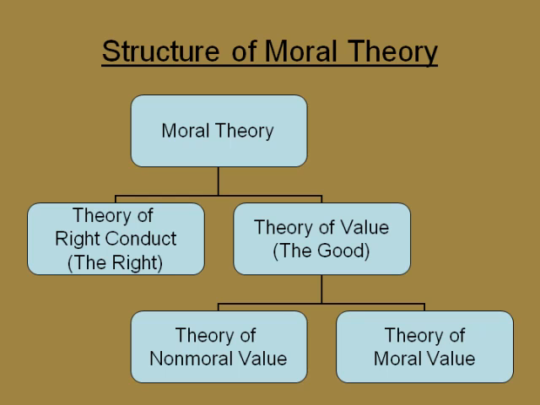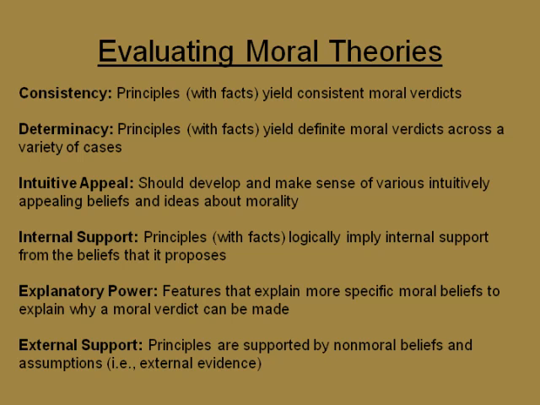Now, having these kinds of theories gives us a lot, but doesn't give us everything that we need. It's also important that we develop a critical analysis of these theories, especially when we start looking at inter-theory comparisons. So I'm going to compare how a consequentialist may look at a situation versus a deontologist. It's going to be very important for me to figure out how I can do this.